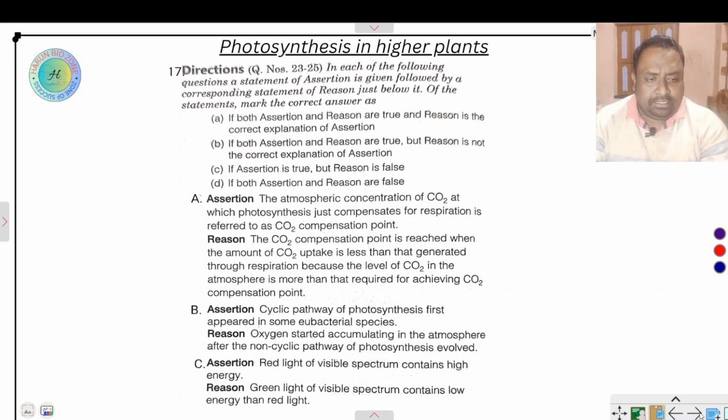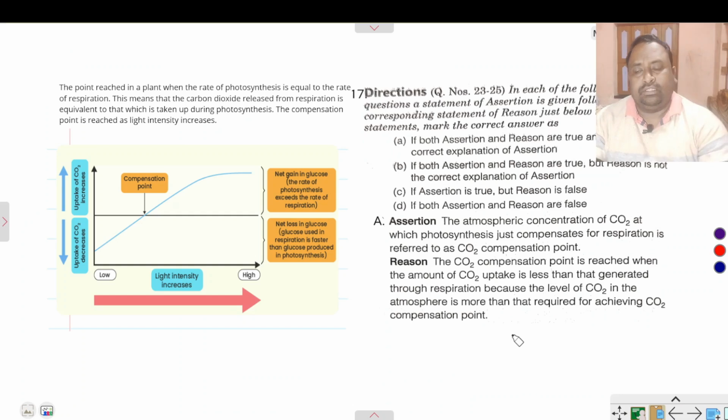So let me explain this topic. First, this is the compensation point. Compensation point means at this point the absorption of CO2 and release of CO2 are equal: the CO2 absorbed during photosynthesis and the CO2 released during respiration.